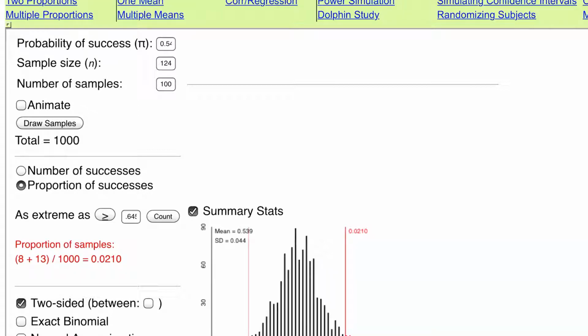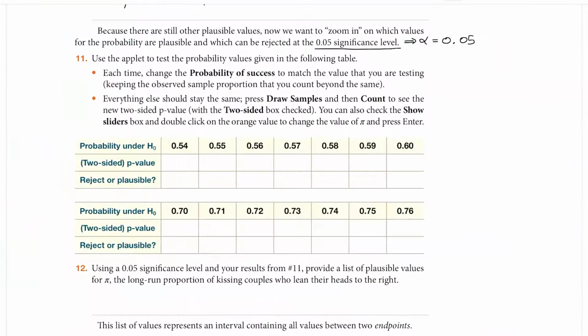And I got a p-value of 0.021. So I had 8 dots in the left tail of the graph and another 13 in the right tail, for a total of 21 dots out of 1,000 that were at least as extreme as 0.645 in either direction. And I get a p-value of 0.021.